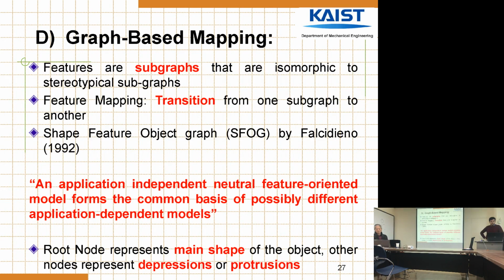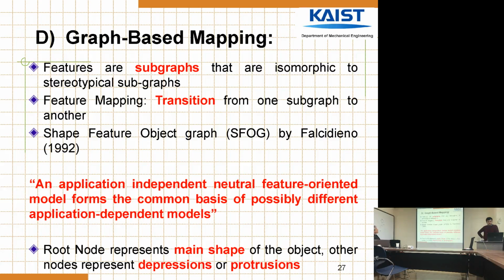Similarly, features are subgraphs that are isomorphic, meaning similar to a stereotypical subgraph like we use in other subjects. So feature mapping is the transition from one subgraph to another subgraph.